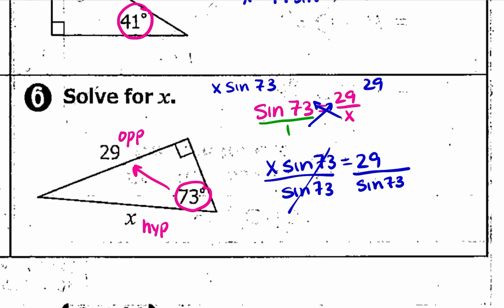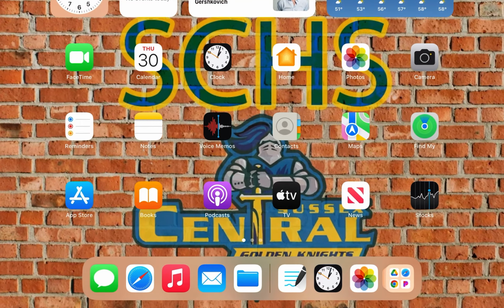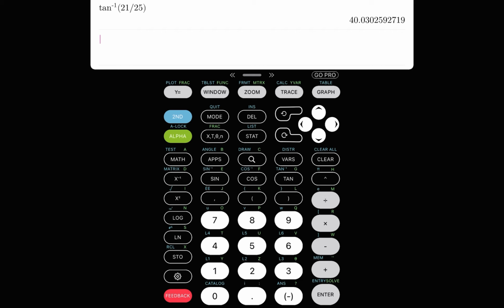That cancels, and we get 30.33. If we want to type this in the calculator, 29 divided by sine of 73, we would literally go to the calculator, hit 29 divided by sine of 73, enter, and we get that as our answer.